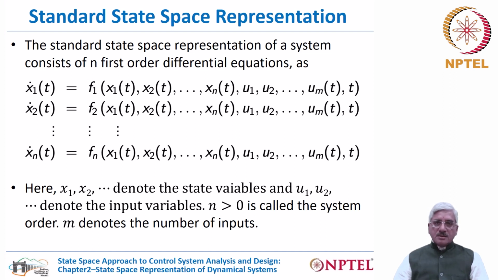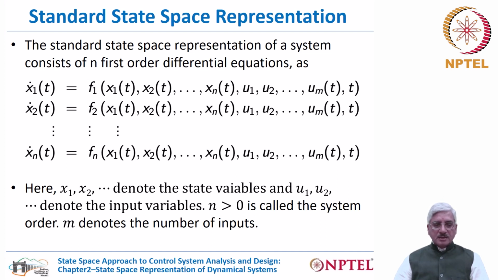Look carefully at these equations. On the left hand side, we have the derivatives of quantities x1, the first derivative with respect to time, x1 dot. And on the right hand side, we have expressed them by various functions f1, f2, etc. However, each function has the same arguments.